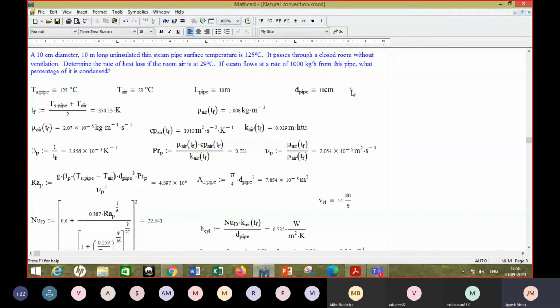So the density of air at this temperature should be around, if your table is given for degrees Celsius, you may be interested in getting this value in degrees Celsius.